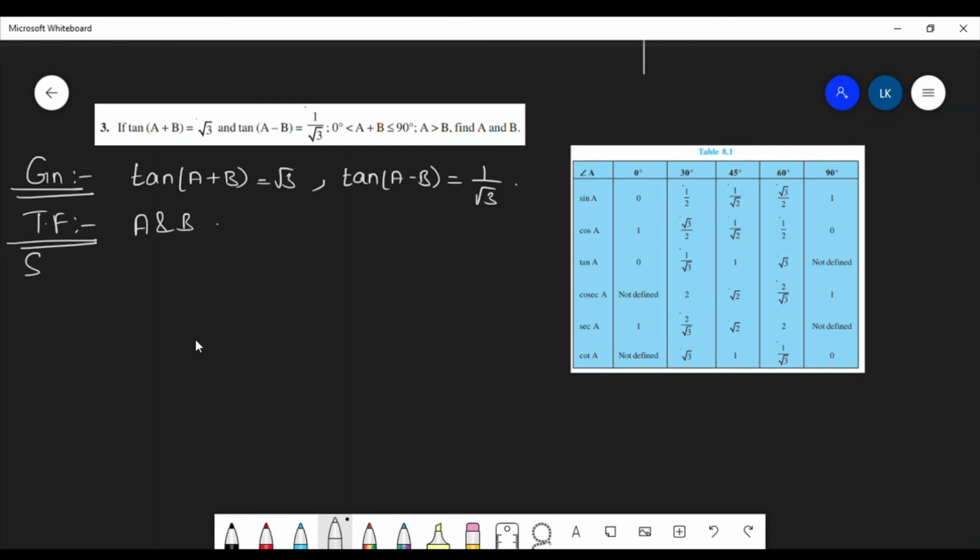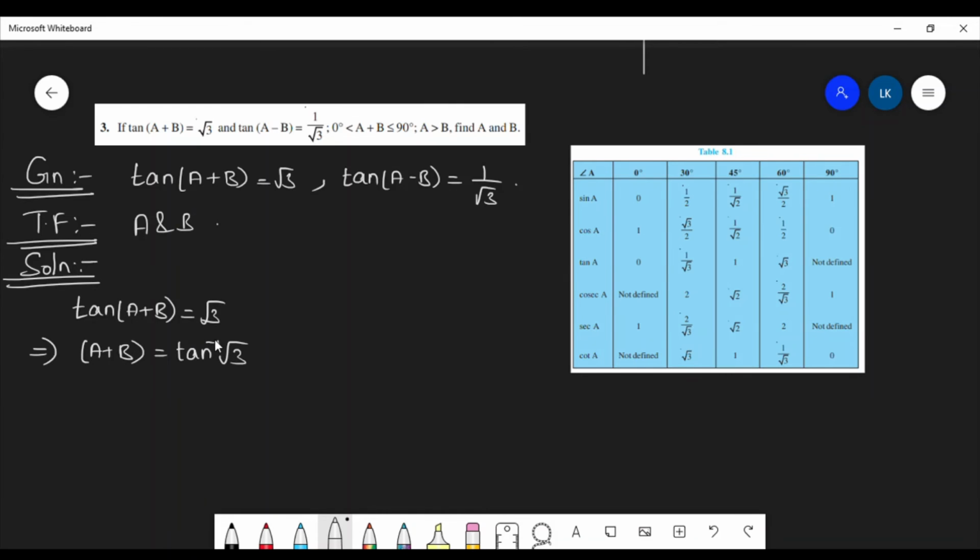Now let us solve the equation. Tan(A plus B) is equal to root 3, which implies A plus B is equal to tan inverse of root 3.